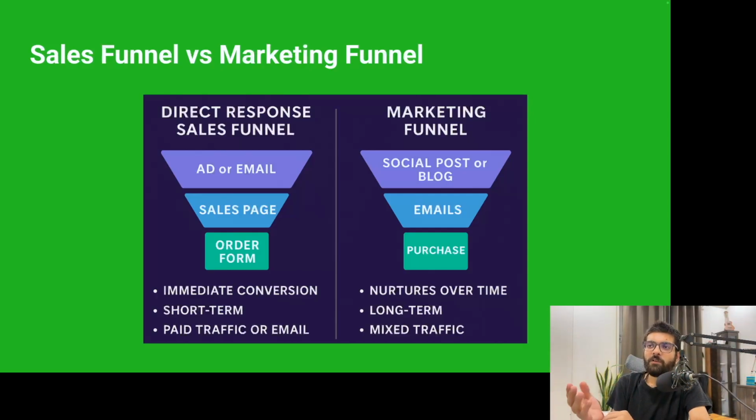Direct response sales funnel is that you have a traffic source or something like that. Then you have a sales page, and then you have an order form or purchase or checkout or whatever it is. It is immediate conversion focused, it is short term, and it is designed typically for bringing sales out of paid traffic or email. That's why, as a performance marketer, you need to understand this, right?